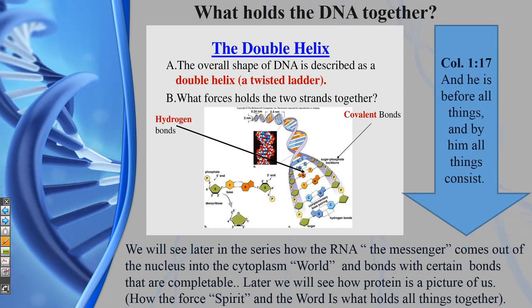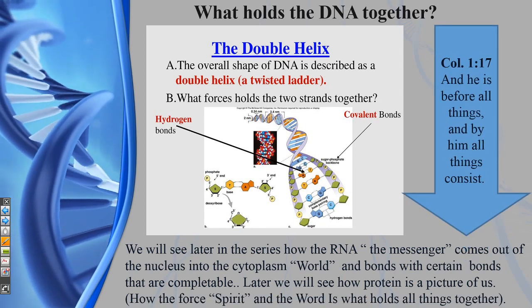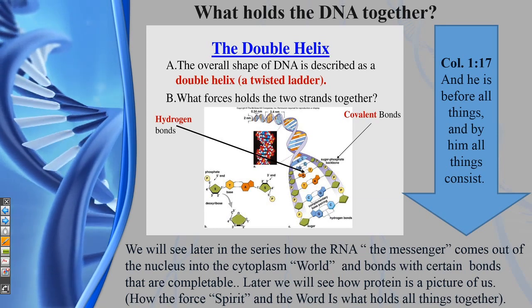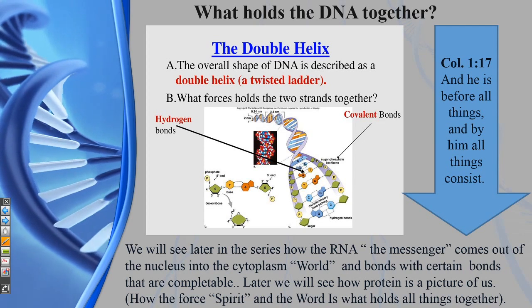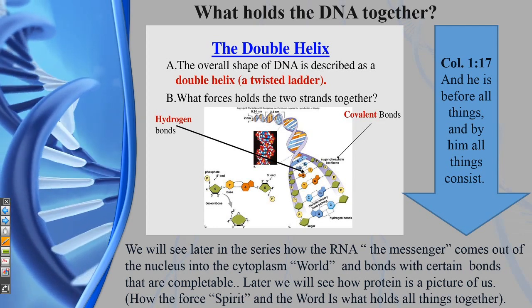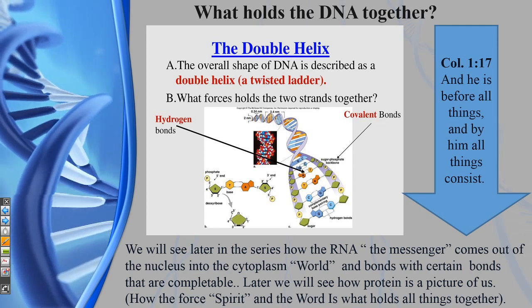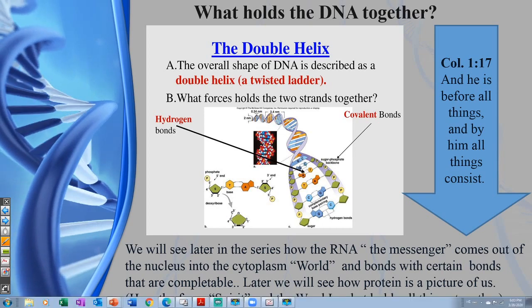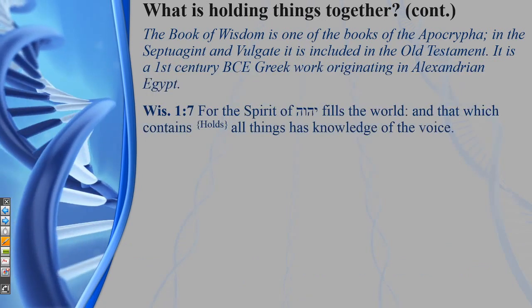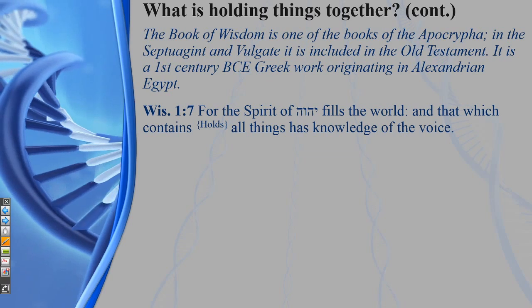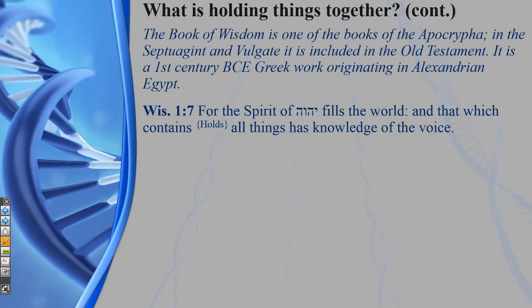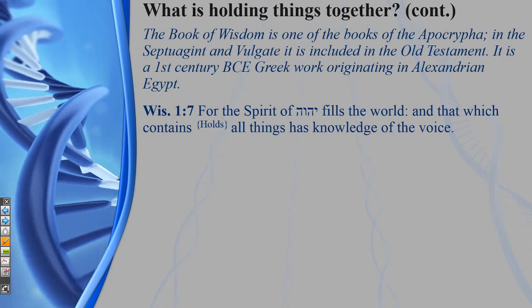So Colossians 1:17 says, "And He is before all things, and by Him all things consist," or hold together. Hold together. Look at that word in the Greek. All right. So this is the Book of Wisdom. It's in the Apocrypha. I give you history because some people don't really go that far out of the book and into the canonized book.